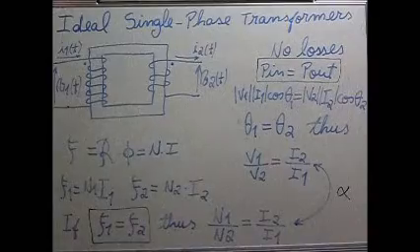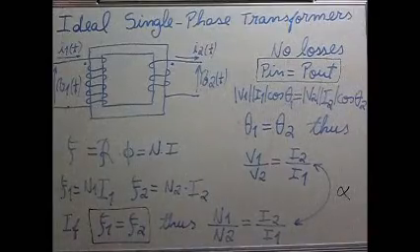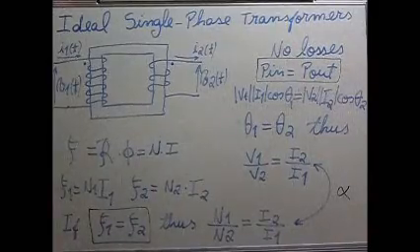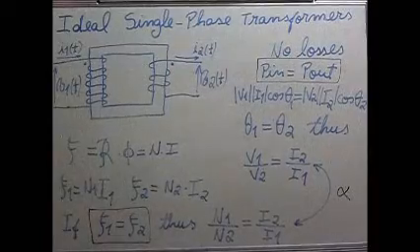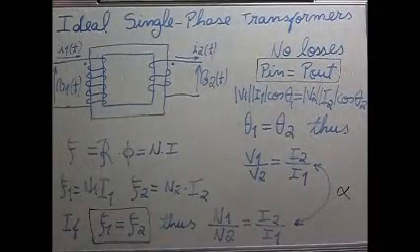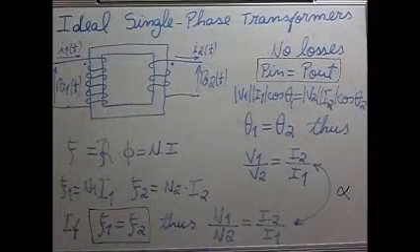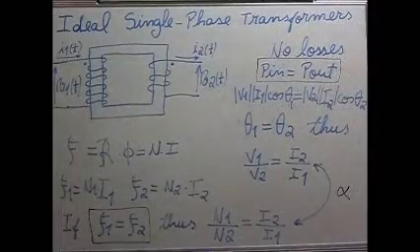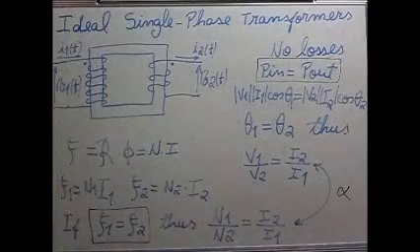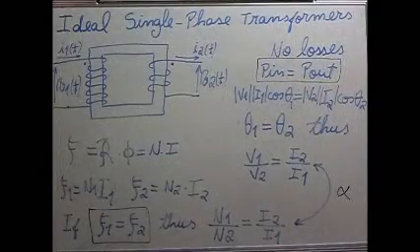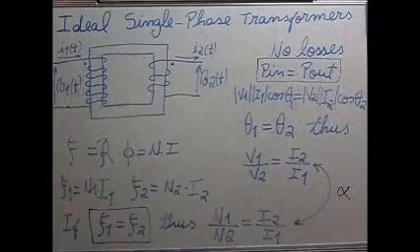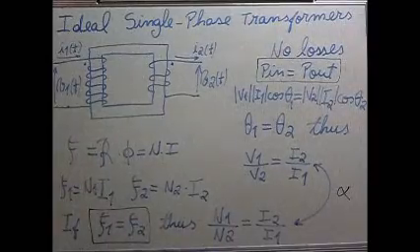We are going to leave that for the discussion of the real transformer. Now we are dealing with the ideal transformer, so no power losses will be our statement. We are going to trust that there will be no power losses.